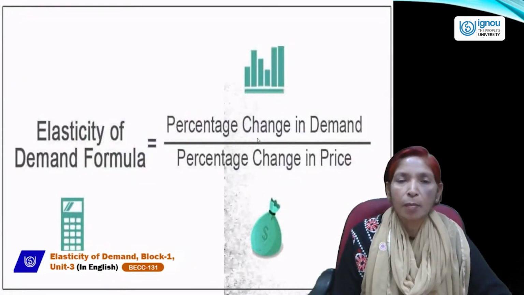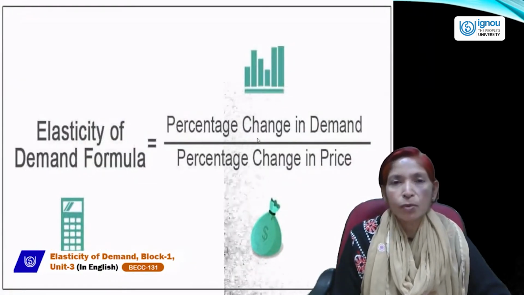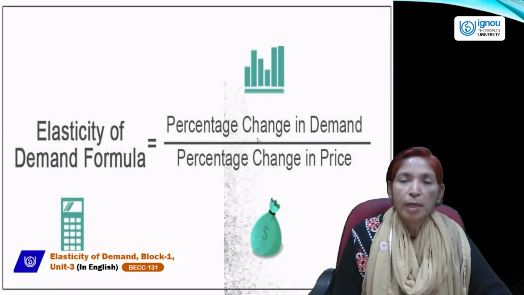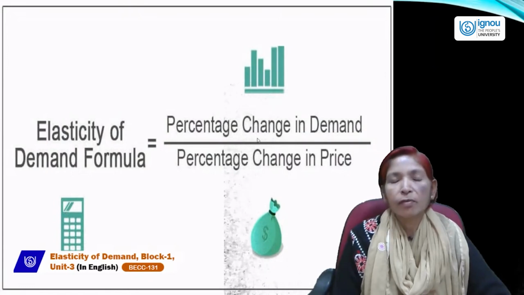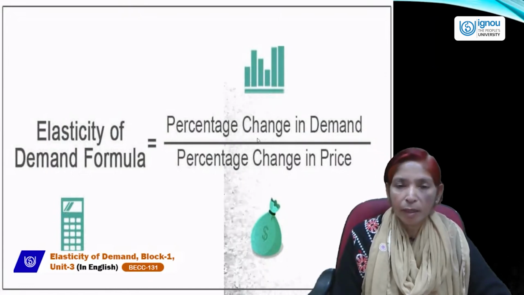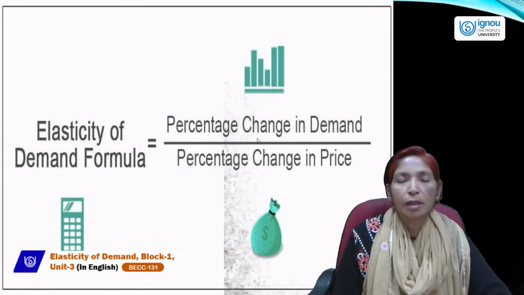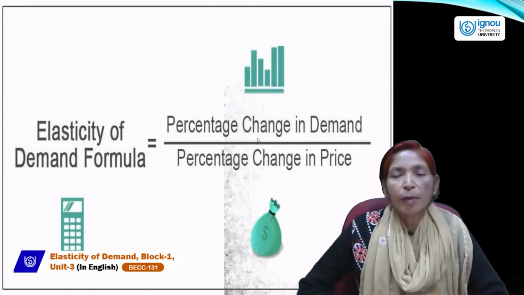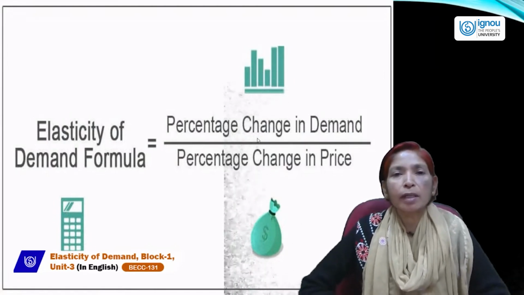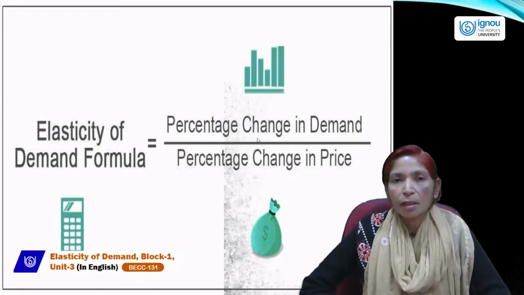Elasticity of demand can be calculated by using this formula: percentage change in demand divided by percentage change in price, then we can estimate price elasticity of demand. So price elasticity of demand can be calculated by using this formula.